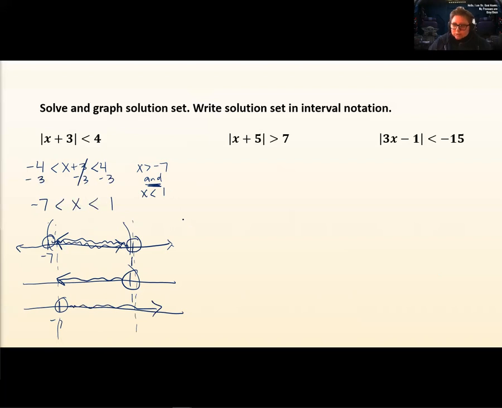So if we write that in interval notation, what's that look like? How do we write the x's from -7 to 1 in interval notation? Where did we start? Would it be 2 parentheses, right? Absolutely. And then what are the numbers?